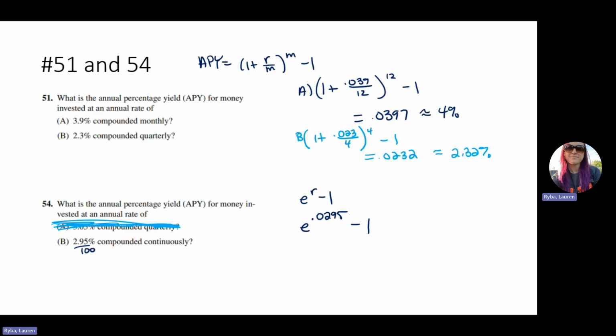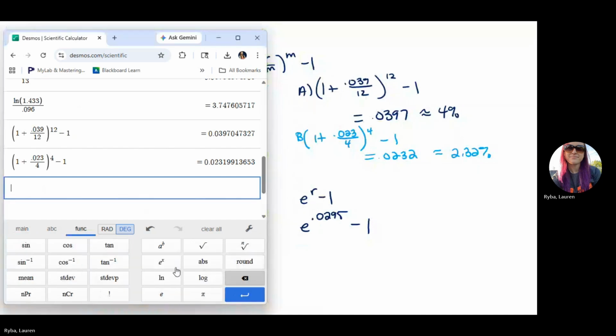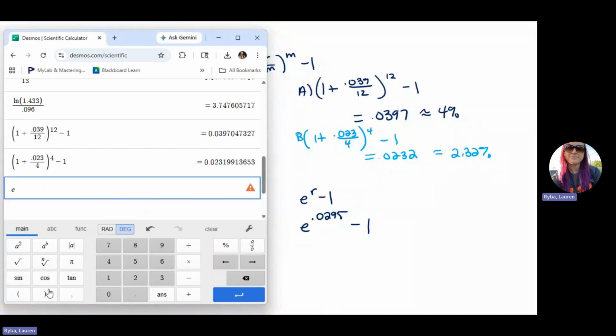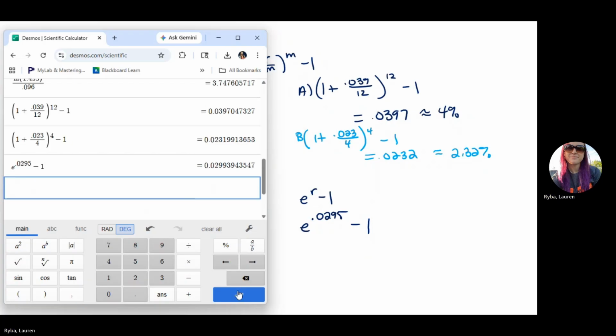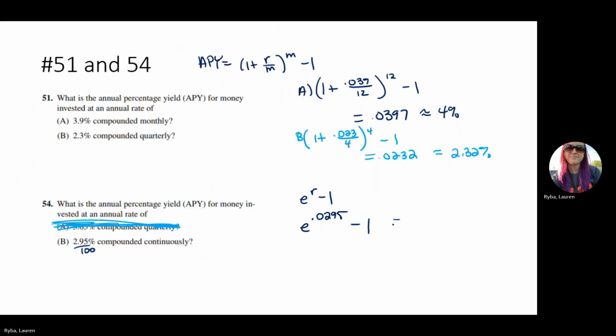That is how I'm getting the value that I put in my formula. e to the 0.0295, arrow out, minus 1. 0.0299. So I actually earned 2.99% over the course of the year.